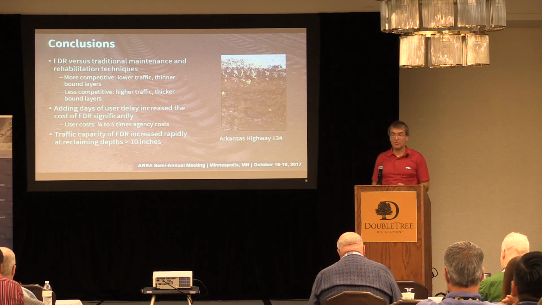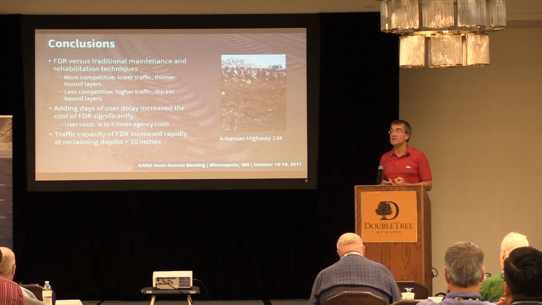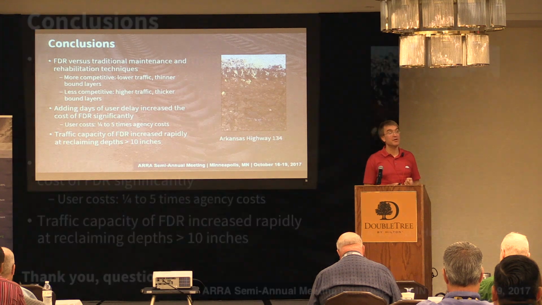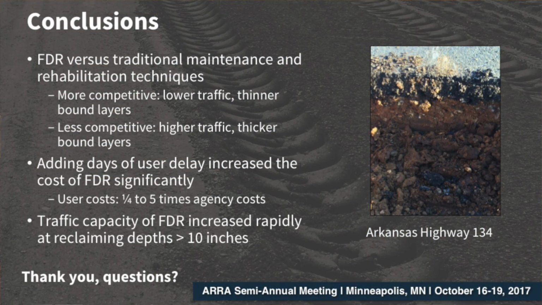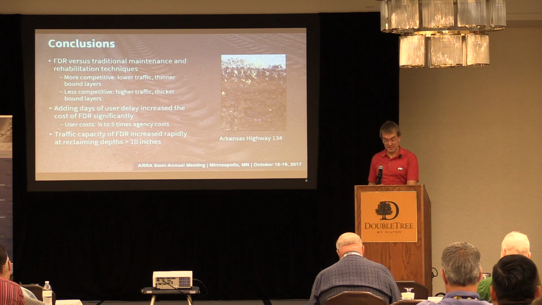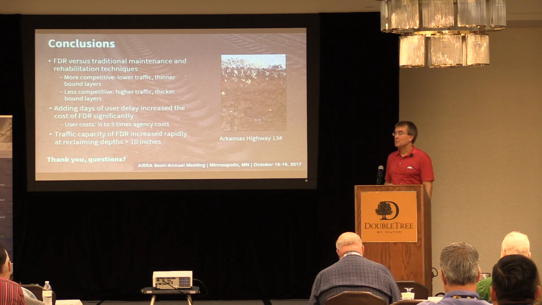The second thing I'd like to point out is when you do start incorporating user costs into our analysis, it really does change what's going on with the overall costs. So if we do start incorporating user cost into our life cycle cost analysis, that will significantly change the dollar values. And then finally, FDR really does increase structural capacity, which translates into more traffic as you get greater than 10 inches. So I appreciate your time.